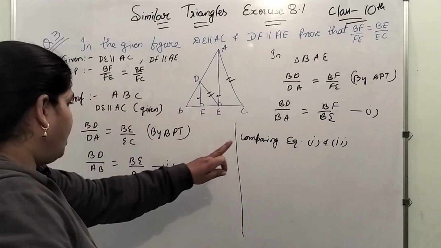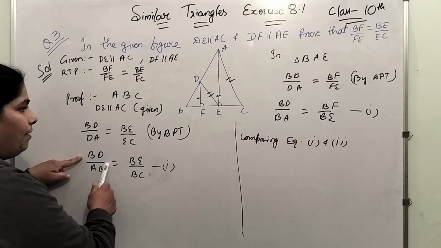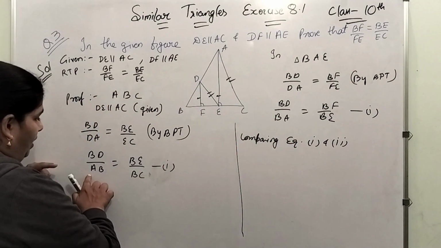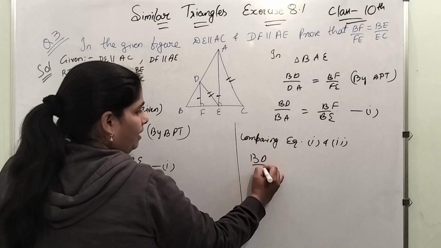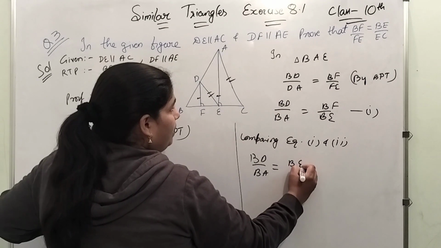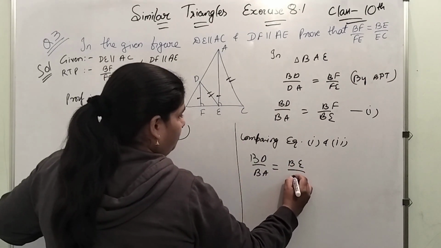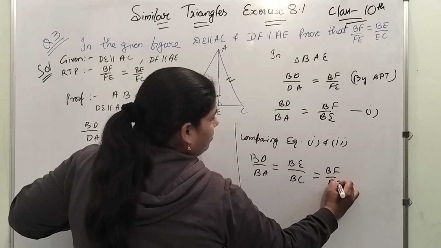By comparing 1 and 2, we can see that we are having BD by AB or BD by BA. AB or BA is the same thing. Therefore, BD by BA is equal to BE by BC is equal to BF by BE.